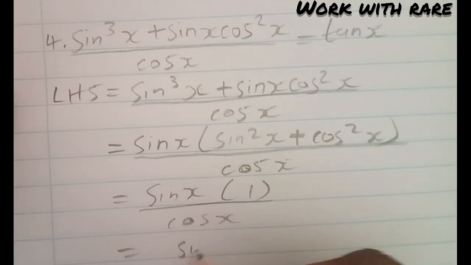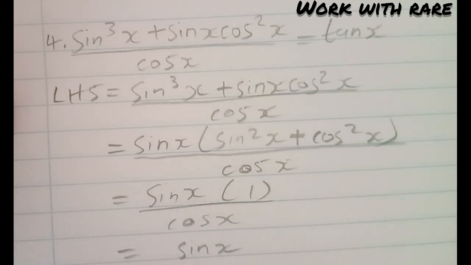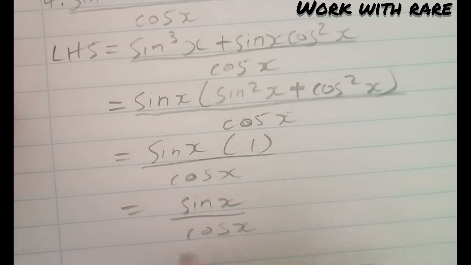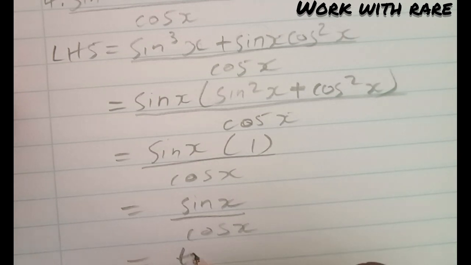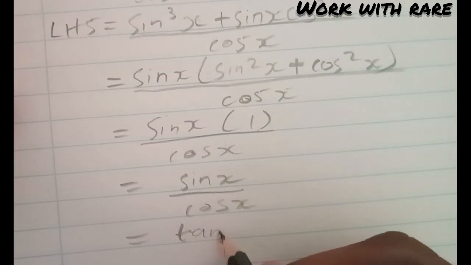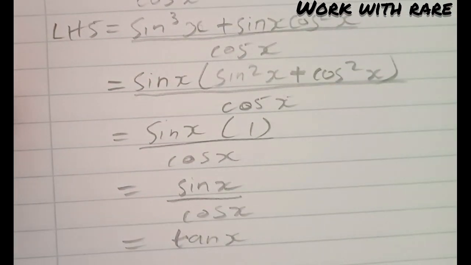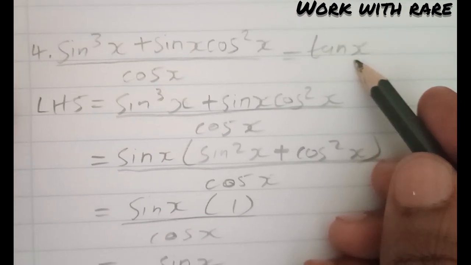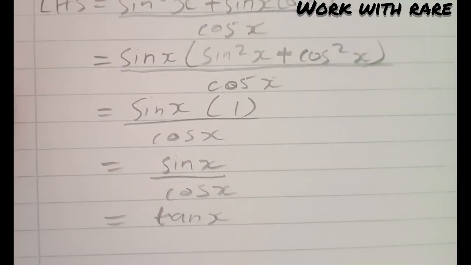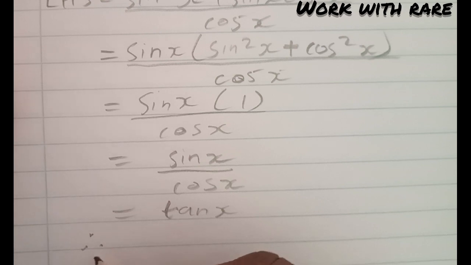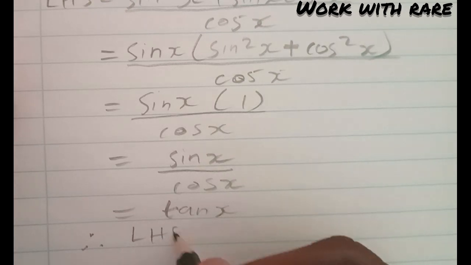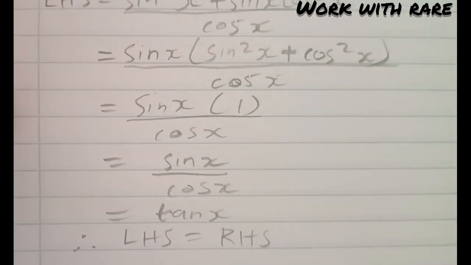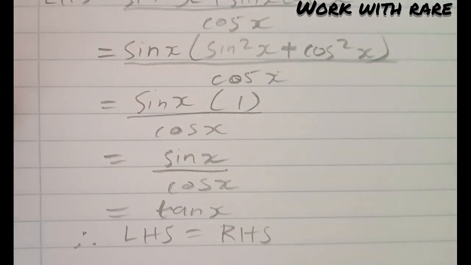So here we'll be left with sine x over cos x, which is equal to tan x, you see, and our right hand side is tan x, remember. So now we can say therefore left hand side is equal to right hand side. So it's proven.